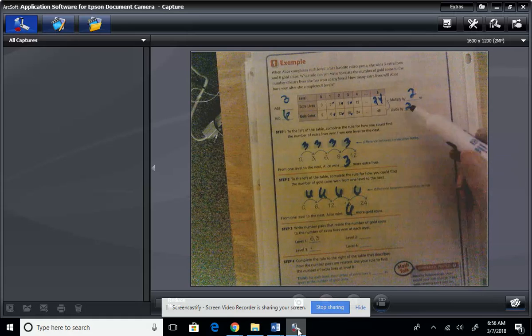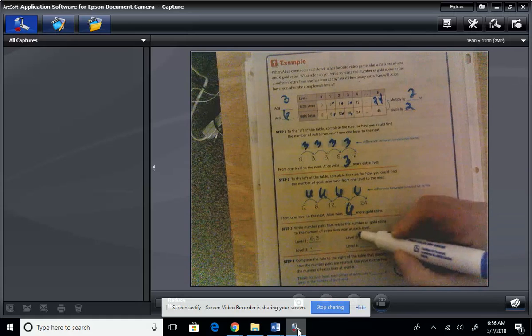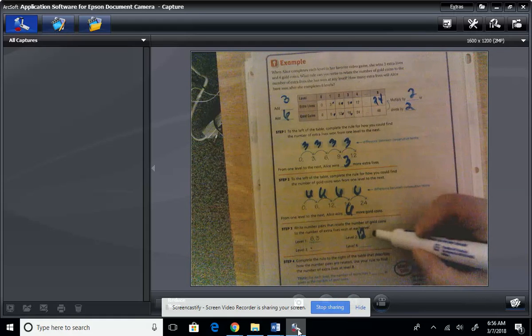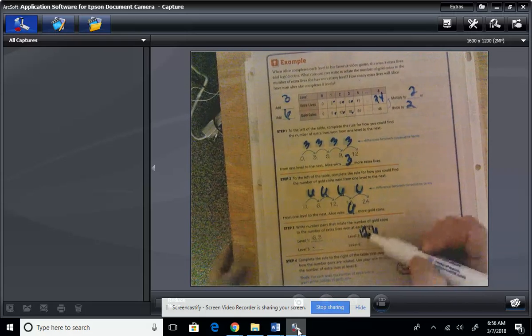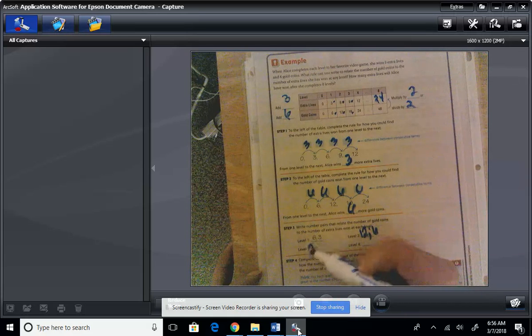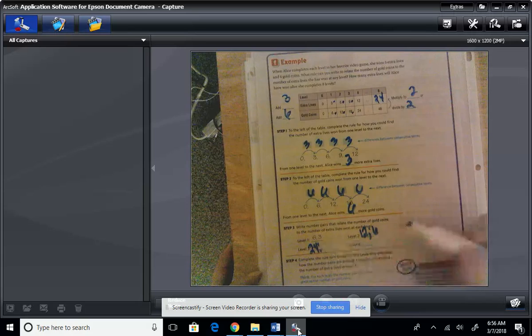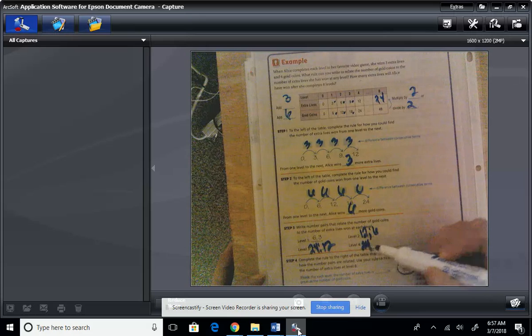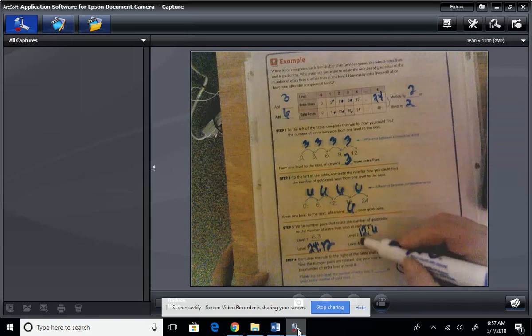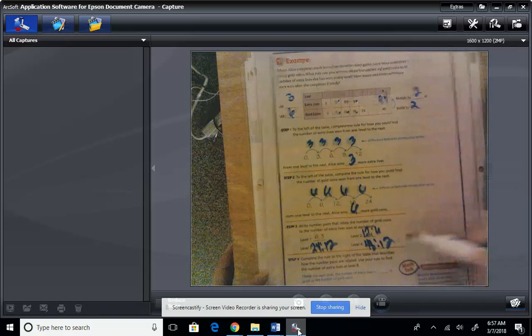And if we know we have to multiply by 2, it is 12 to 6. Level 3 would be, take that times 2, which would be 24 and 12. Then 48 and 12, 24.